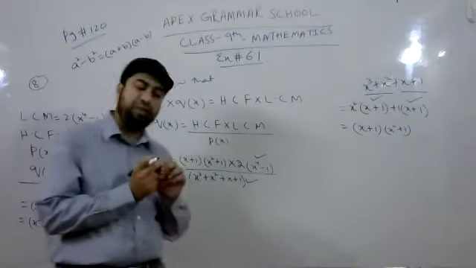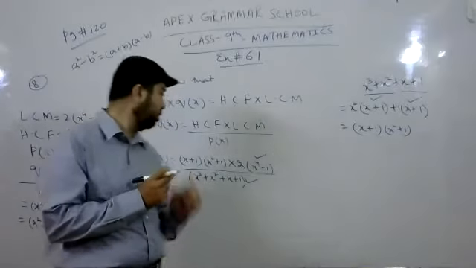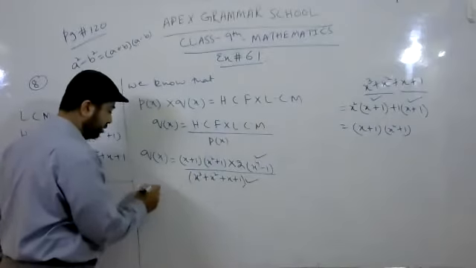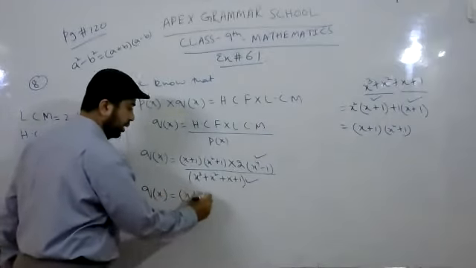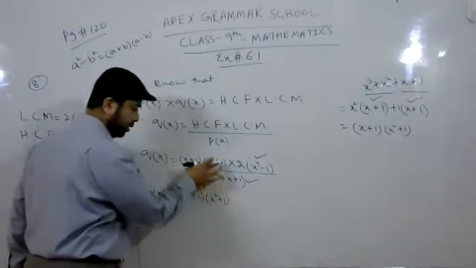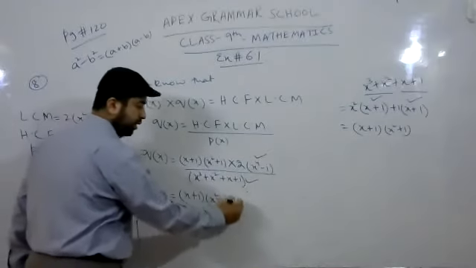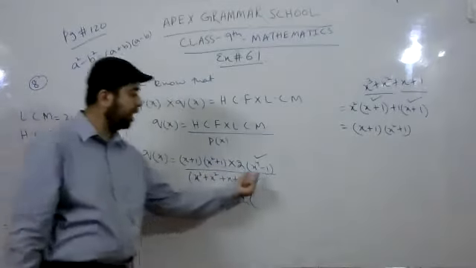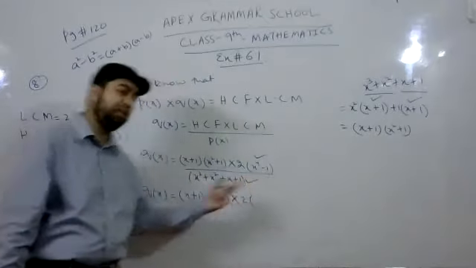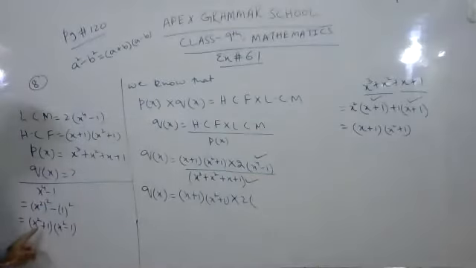So without division, we can easily do this. Q of x is equal to x plus 1 times x square plus 1, after that multiply sign, after that 2, and then instead of writing x raised power 4 minus 1, we can write x square plus 1 and x square minus 1.